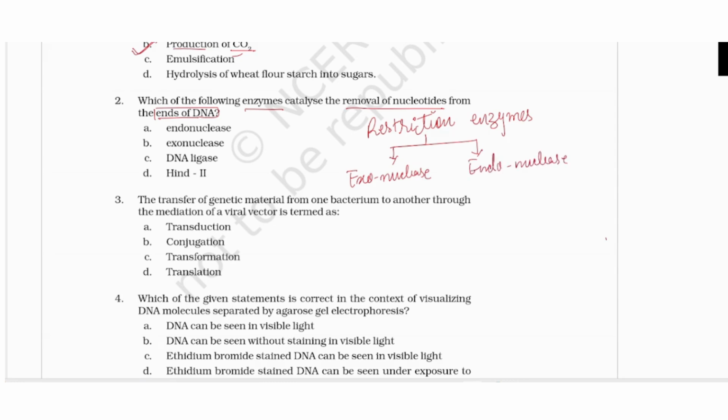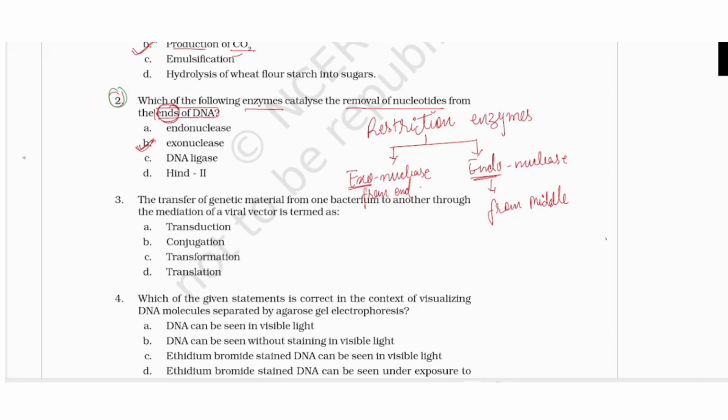Exo means from the ends and endo means from the middle. Here they are asking in the question from the ends, so we will go with the exonuclease, right? So the second question is completed.